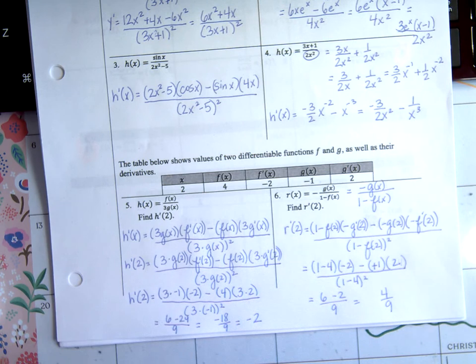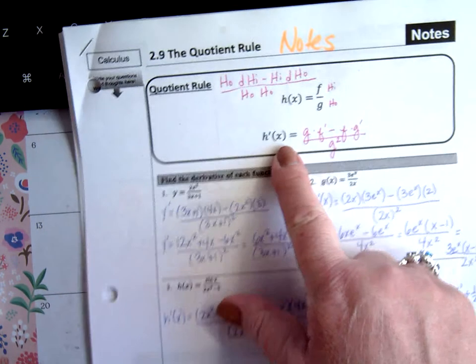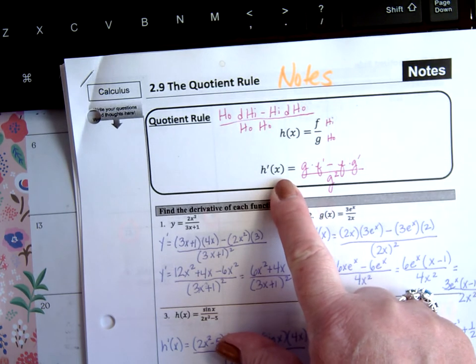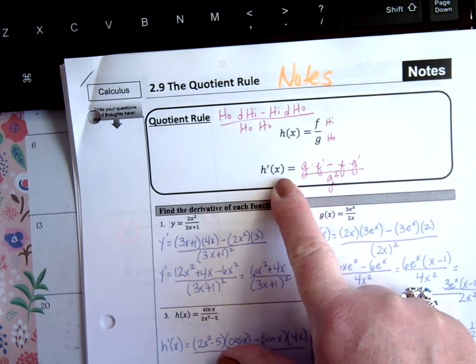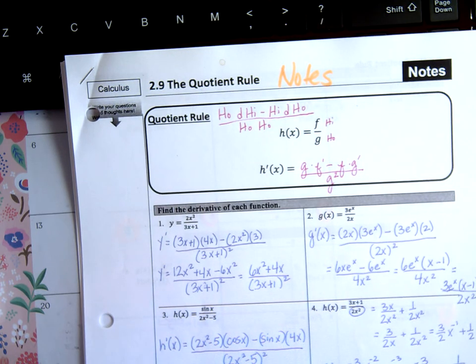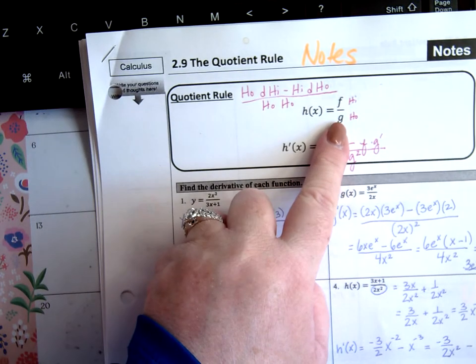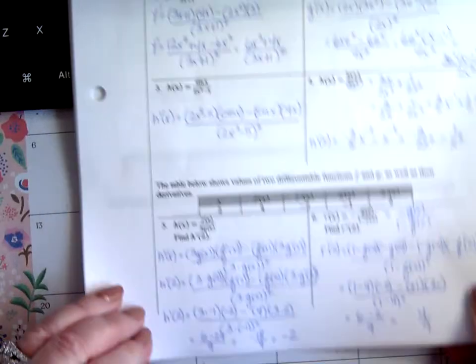Yeah, Catherine, you're going back to this guy up here, this h prime of x thing. You can absolutely do that, but sometimes just remembering it from the words rather than the f's and the g's. This one's messed up because look at how the fraction is. In this one, it's the f on top and the g on the bottom, where the one that we just did was G on top and F on the bottom.